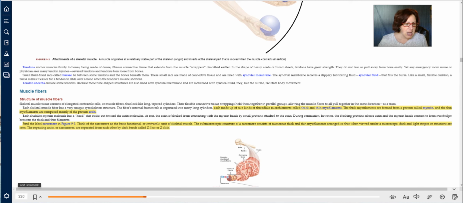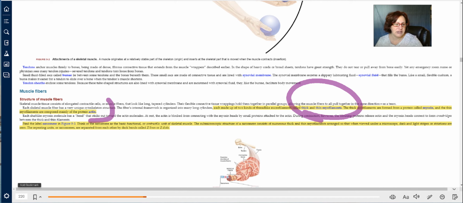Okay. Each skeletal muscle is made up of myofilaments, and there are thick and thin ones. The thin myofilament is called actin, and the thick ones are called myosin.